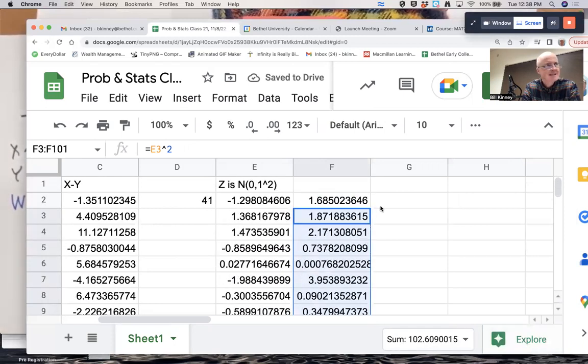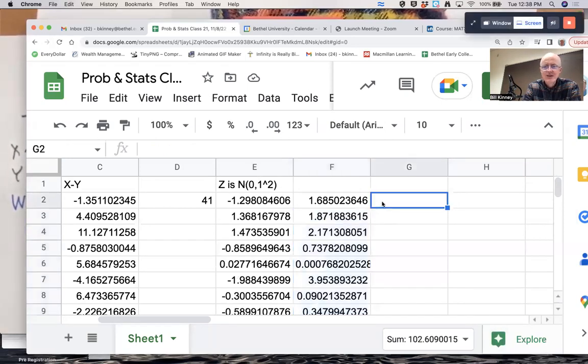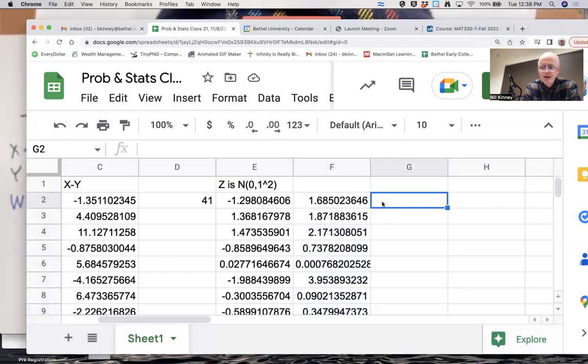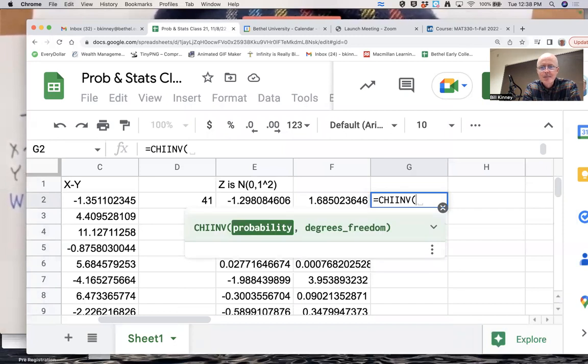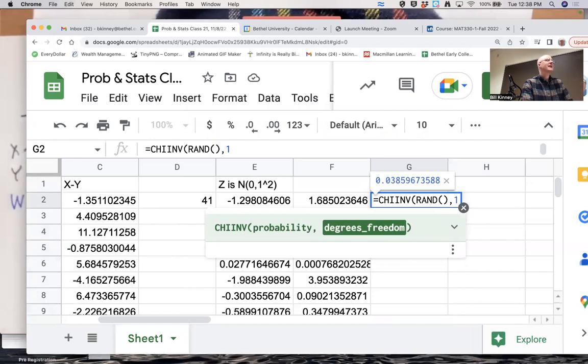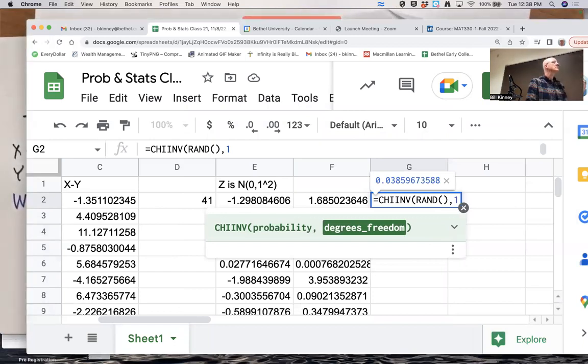How would I test that? We don't really have the tools to test that rigorously, but let's just see if we compare it with simulating CHIINV like this, if we get comparable sets of numbers, maybe with approximately the same mean and approximately the same standard deviation.